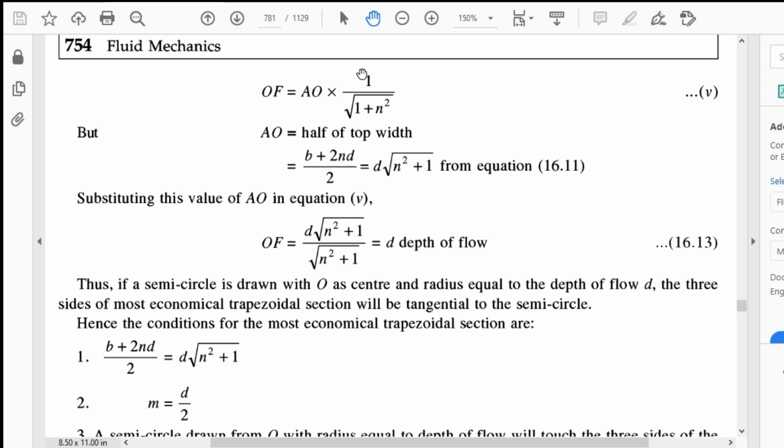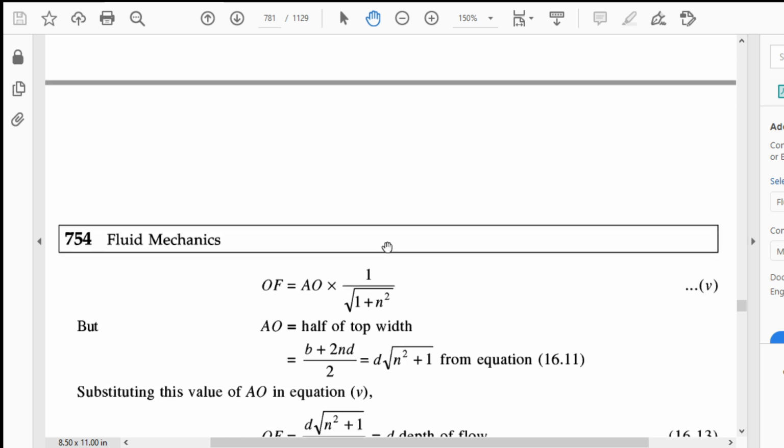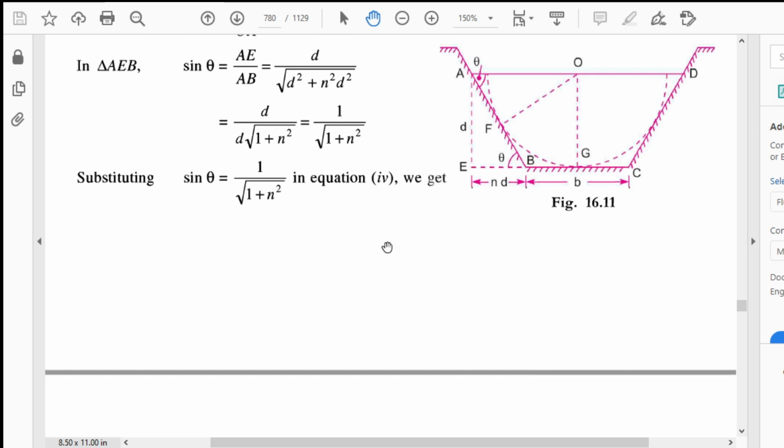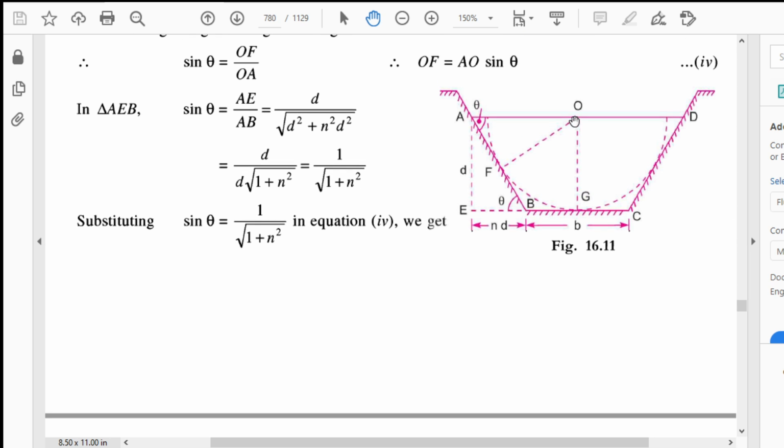We can simply write OF as d square root of n square plus 1 divided by square root of n square plus 1. This bracket will get cancelled and the remaining is OF equals d. Here you can see in this diagram that the OF value is equal to the d value. That means this OF is similar to the depth of flow.